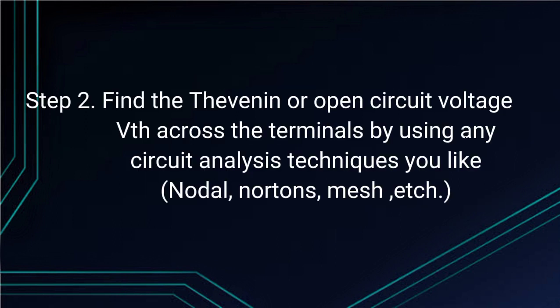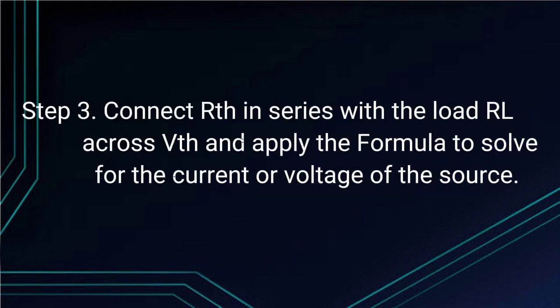Step 2 is to find the Thevenin or open circuit voltage VTH across the terminals by using any circuit analysis technique you like, either nodal, Norton's, or mesh. Step 3 is to connect RTH in series with the given load across VTH and apply the formula to solve for the current or voltage of the source.